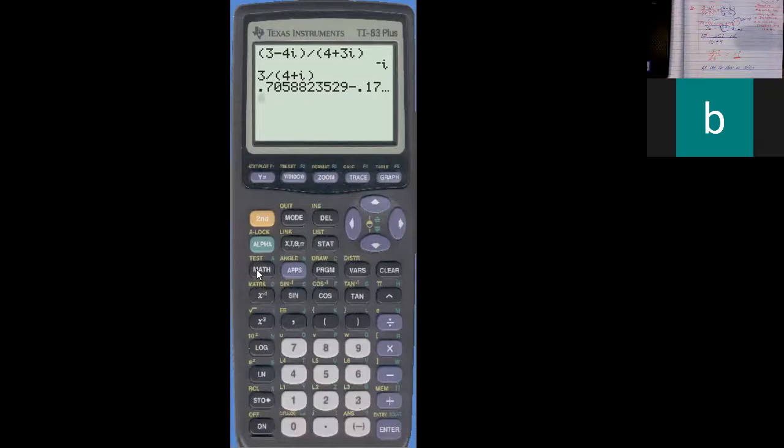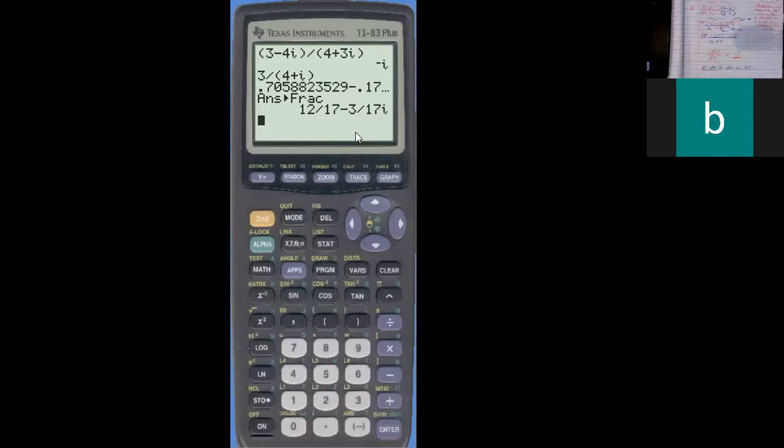But now if I do math, change it to a fraction, enter, enter, it gives me 12/17 minus 3/17 i. The only thing I don't like about this is the i looks like it's in the denominator, but it is not. It's 3/17 i. So really that i belongs either in the middle or in the numerator.